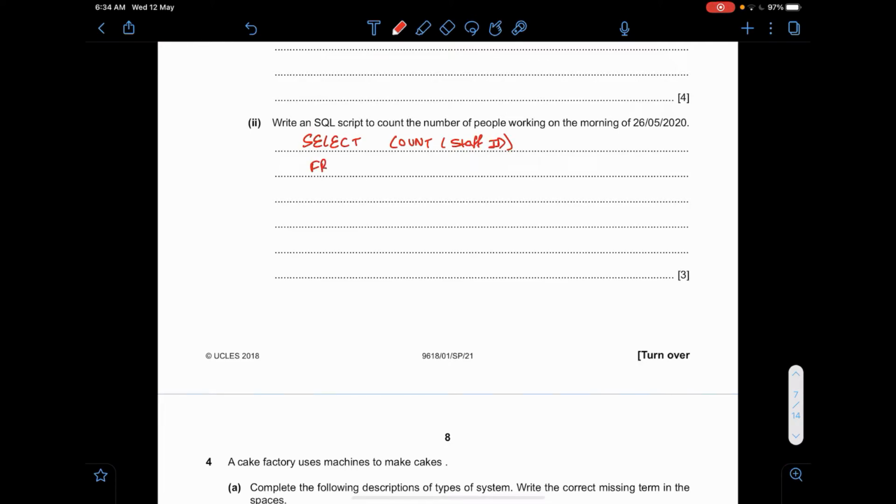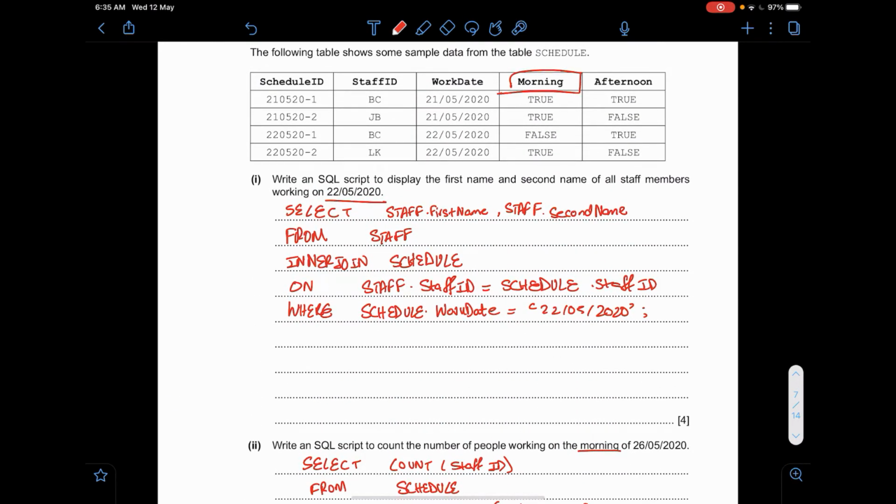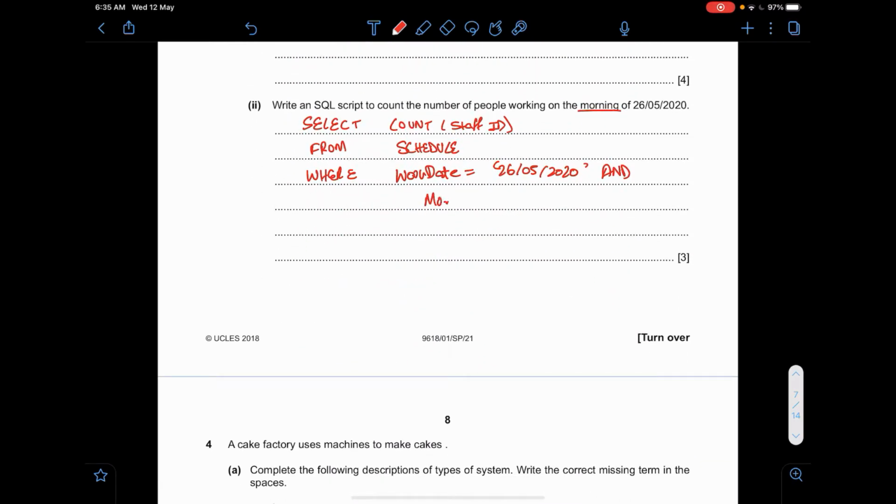Staff ID from schedule, this is your table, and where work date equals to 26/05/2020, and we're going to use and here because we're finding the morning shift. So here, and morning equals to true, right? And we're going to end it with a semicolon once again. So this is your SQL script for part 2.